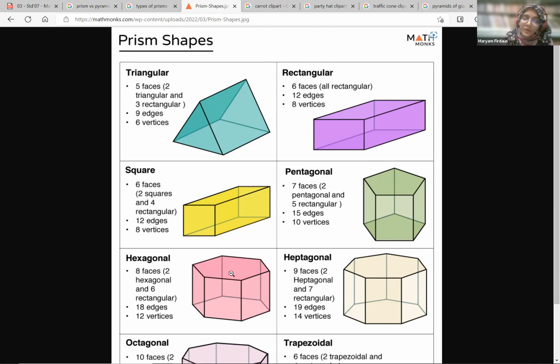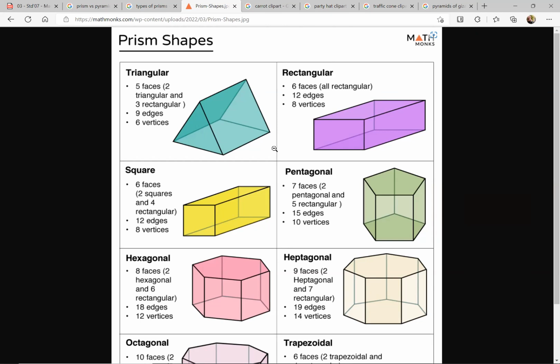What is the purple shape? A rectangle. No, the whole purple solid that you can see. What shape is it? It's called a cuboid. Yes. So what I'm trying to say is, a rectangular prism can also be called a cuboid. Got it? Yeah, I understood now.